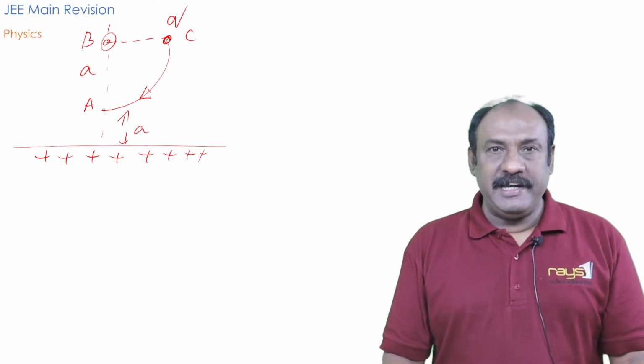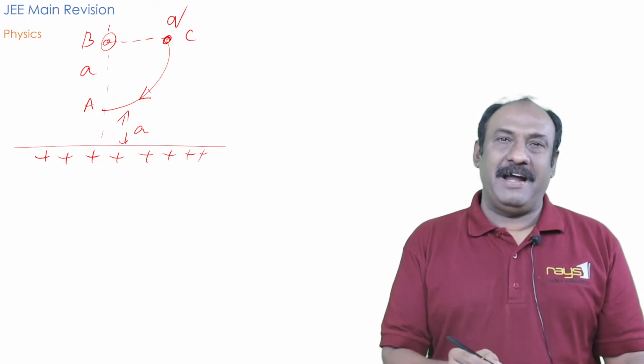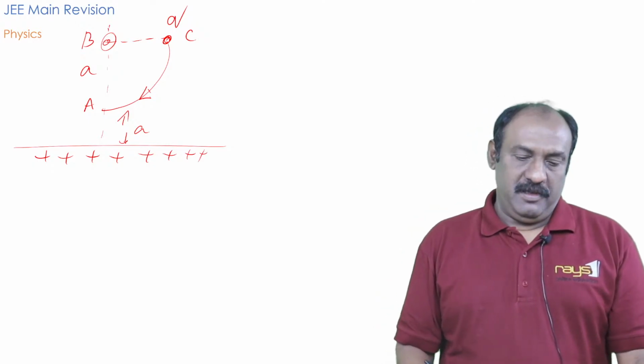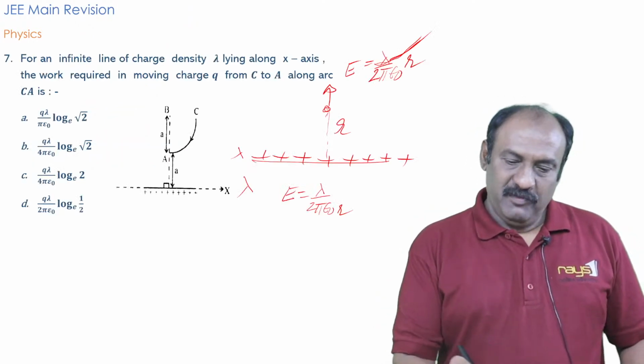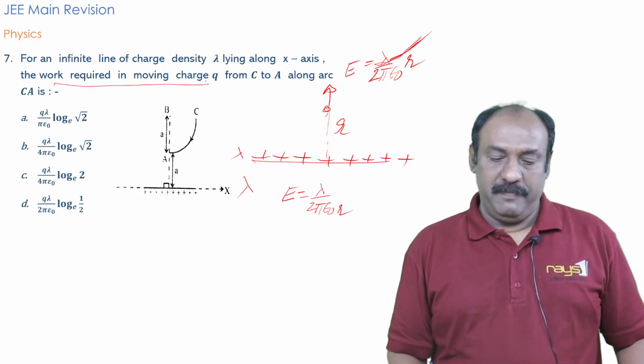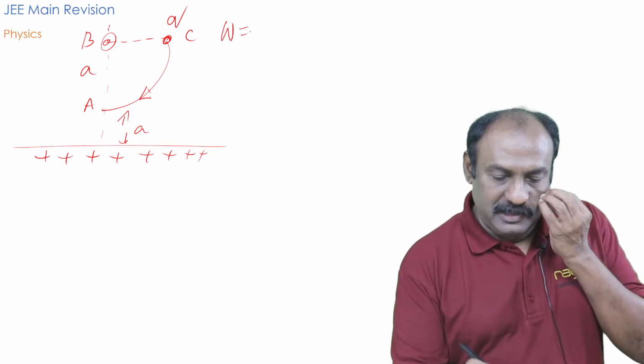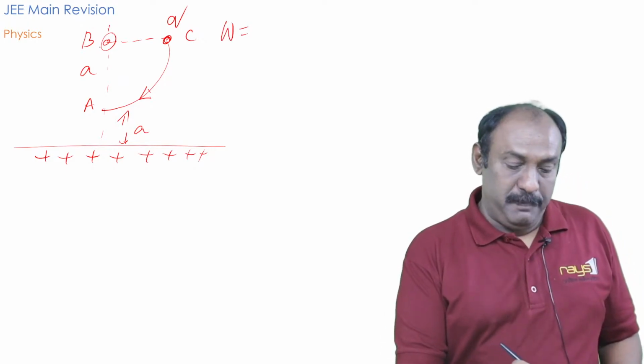So, what we want here is the work required to move a charge q from C to A, which is the work required to move the charge from B to A.